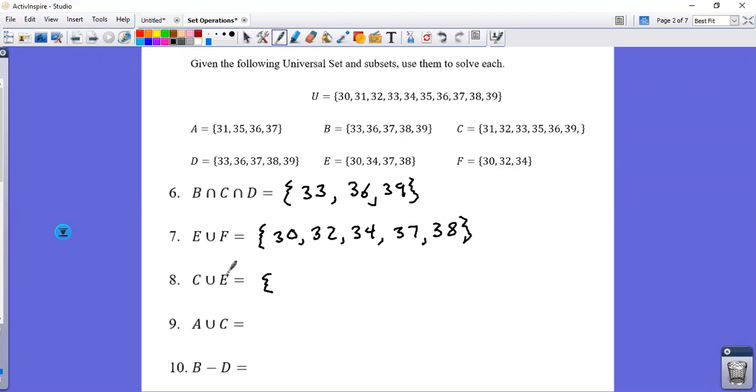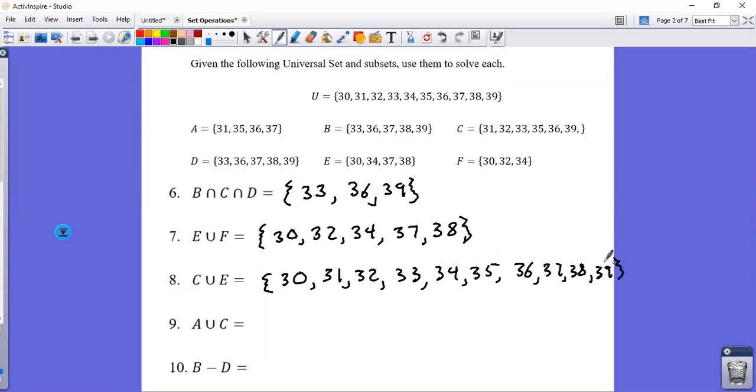So C union E would be taking C and E. There's a 30 from E, 31 from C, 32 from C, 33 from C. There's a 34 in E, 35 in C, 36 in C, 37 and 38 are in E, and 39 in C. So when I union those 2 sets, they have 30, 31, 32, 33, 34, 35, 36, 37, 38, 39.